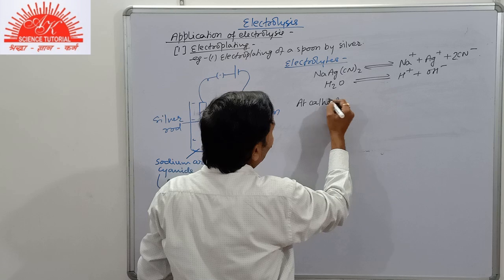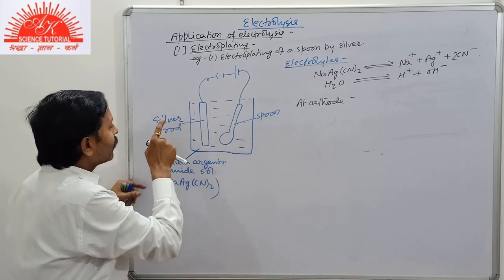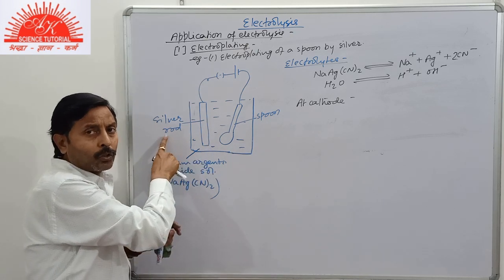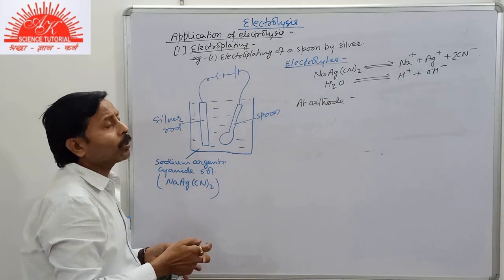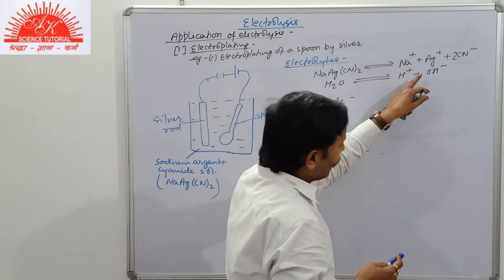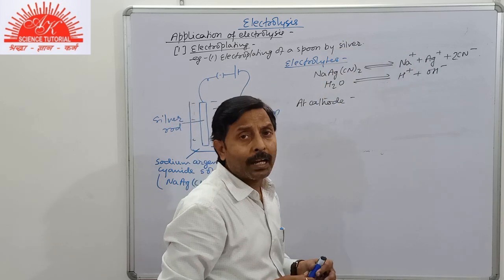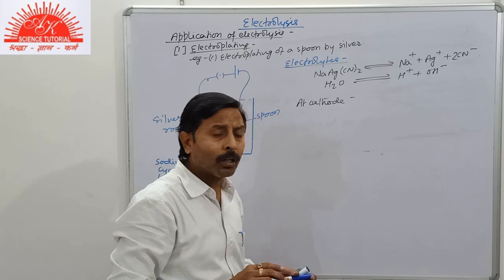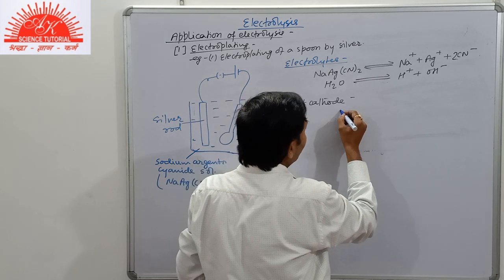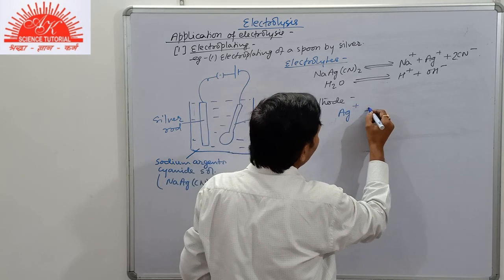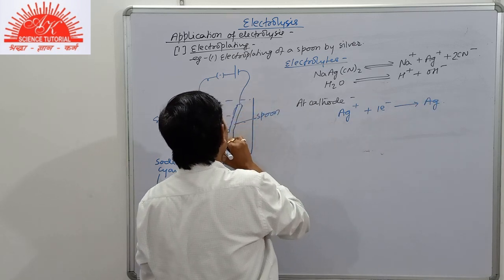Now first of all, while studying the electrolysis process, we must see the nature of electrode. This electrode is attackable. So just remember, we are given electroplating by silver, so at cathode silver should be discharged. If we take the electrochemical series, the silver ion is lower in position. Even otherwise, since there is attackable electrode, this metallic ion will be discharged at the cathode, meaning the silver will be deposited over the cathode here.